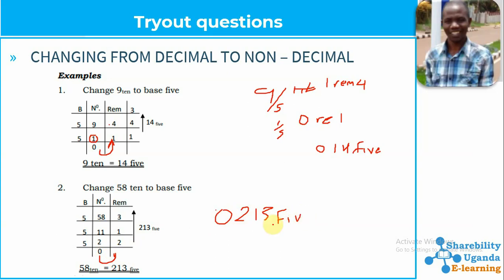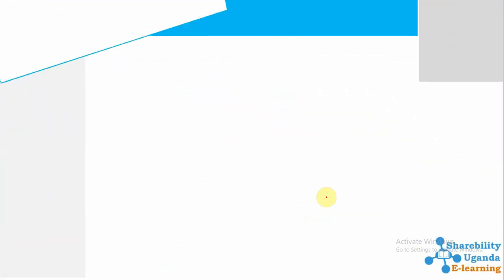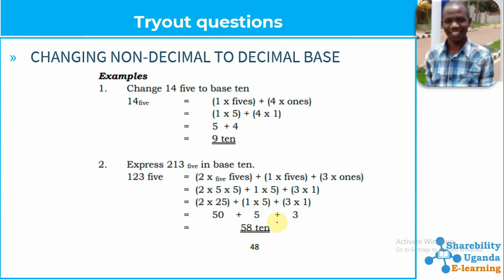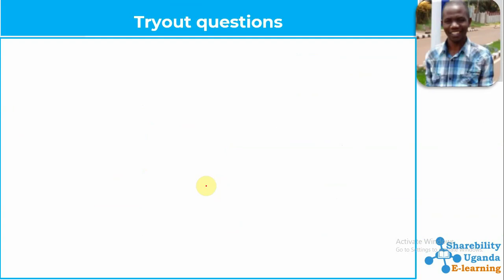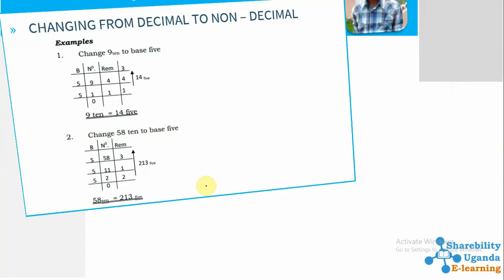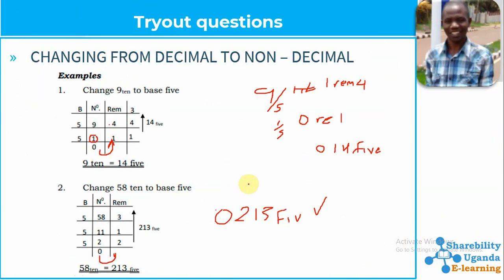So you can now use this method to get the answer, or you can still use the other method that we looked at, because you can see this was in base 5, then they changed it to base 10. It still gave us the same answer. So that is how we can deal with these bases to come up with the correct answer.